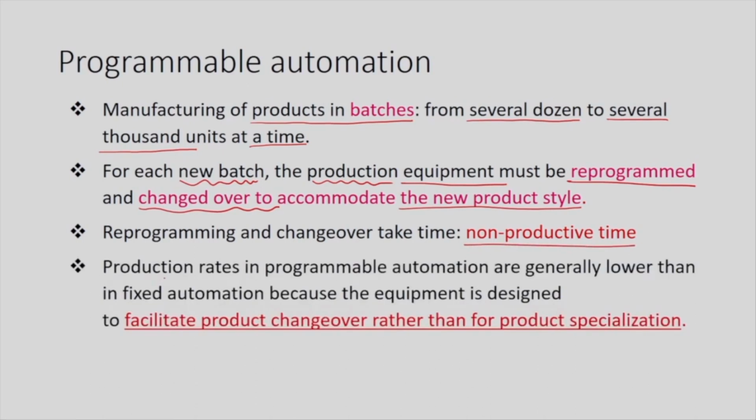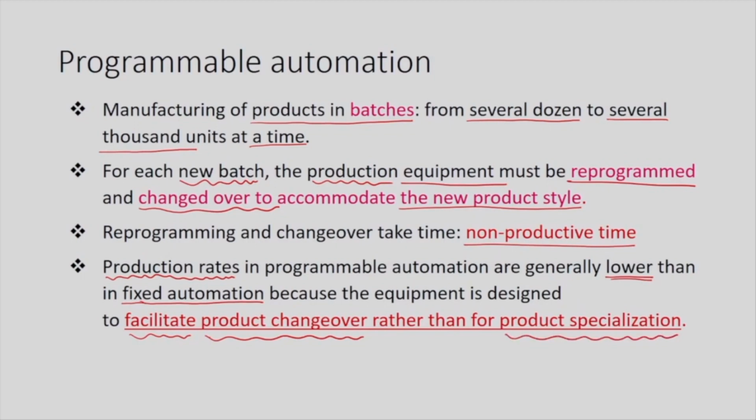That is why the production rates in programmable automation are generally lower than fixed automation, because this programmable automation is providing product changeover rather than product specialization.